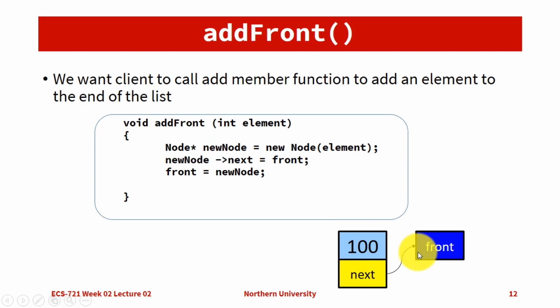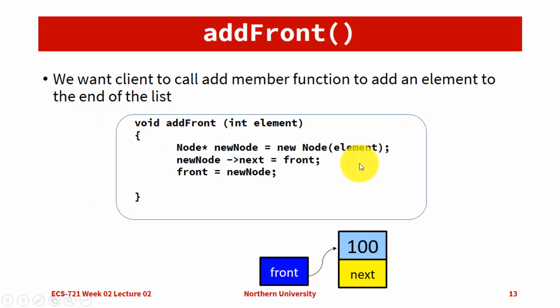If the front is pointing to a node in the list, that address will be assigned to the next part. So we will chain this particular node to the front of the list. And then this node has become the front now. So we have to update the front pointer and assign it the value of the new node, which is the address of this node. So this is the representation of our AddMember function.